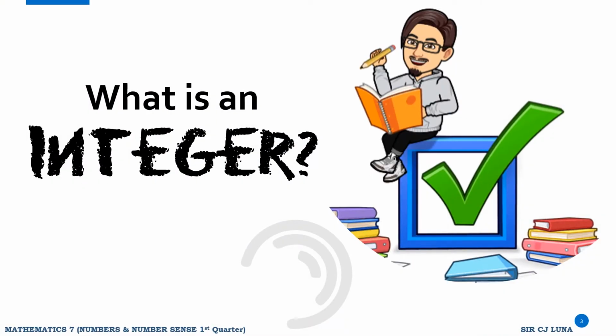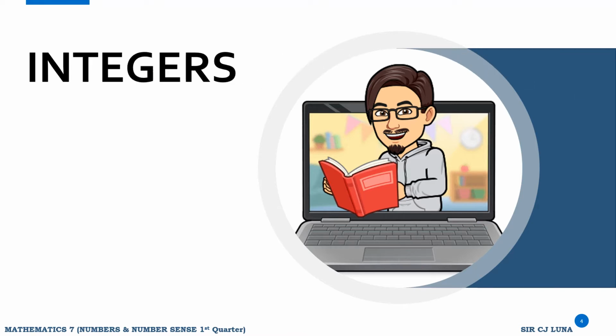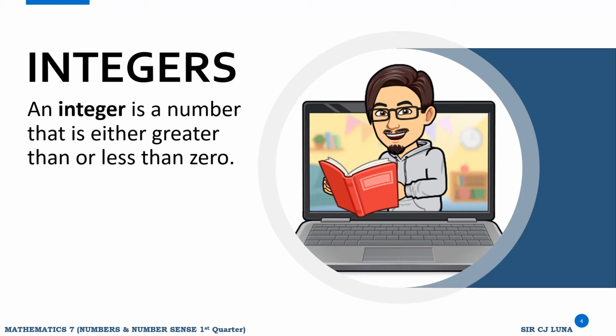So what is an integer? Let's now define integer. Integer is a real number. It is under rational numbers. So an integer is a number that is either greater than or less than 0.